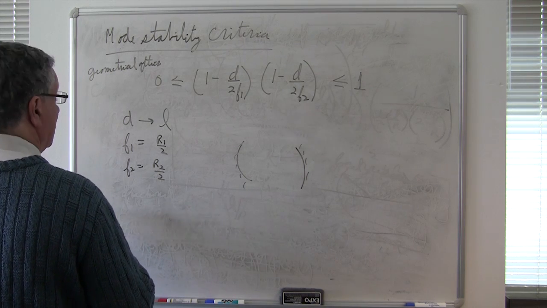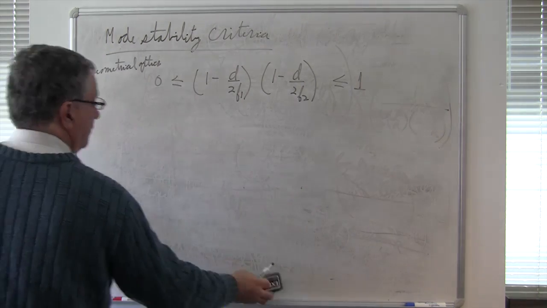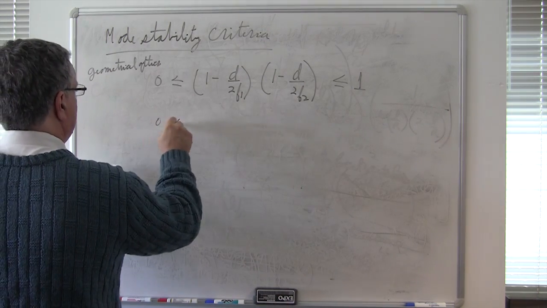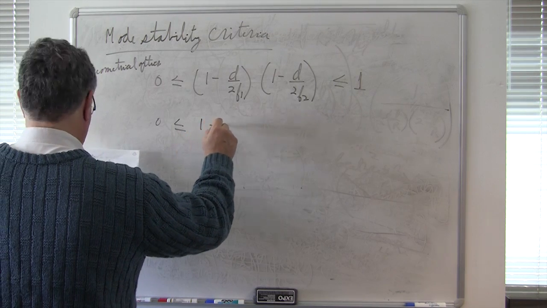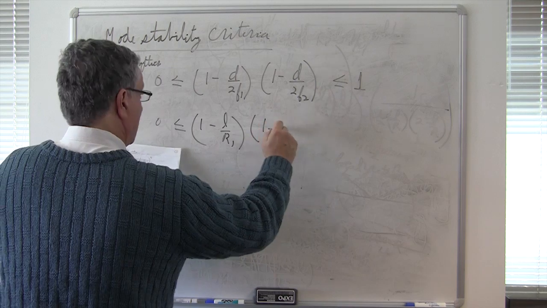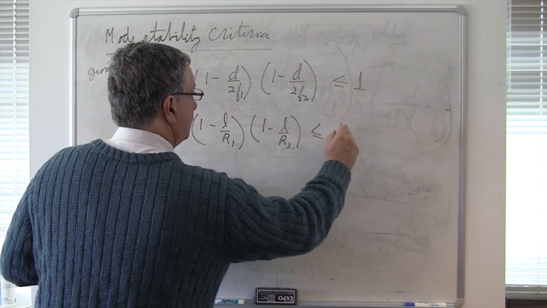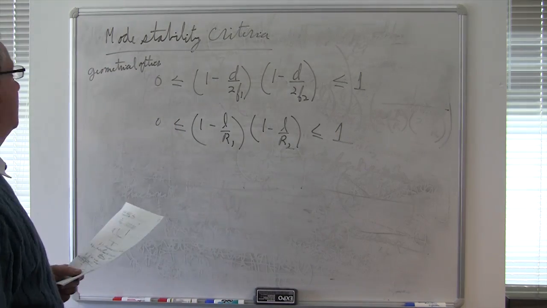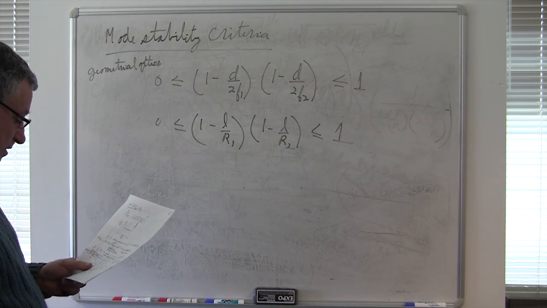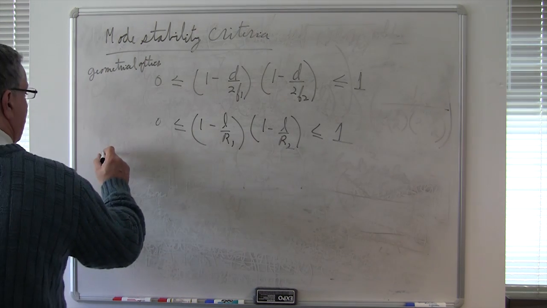Now the stability condition becomes, if we make that substitution, (1 minus L over R1) times (1 minus L over R2), smaller or equal to 1. That's our stability condition. Now we're going to make a substitution.